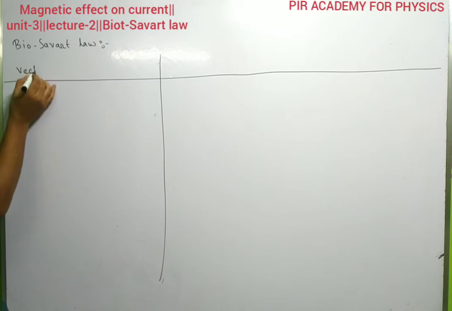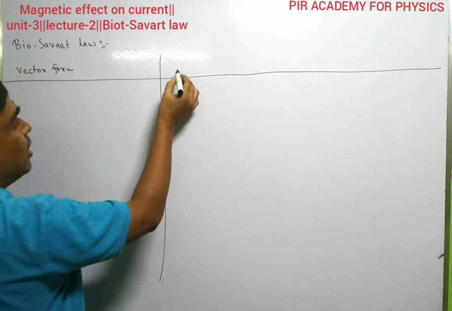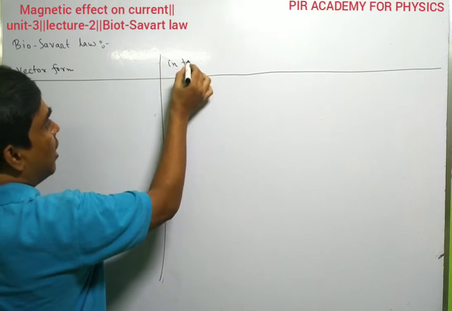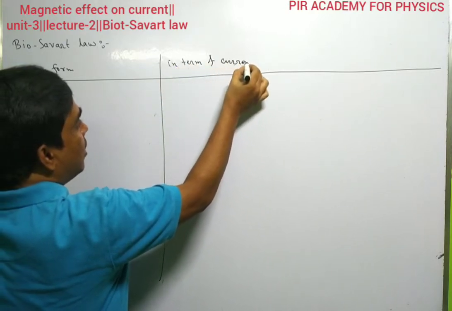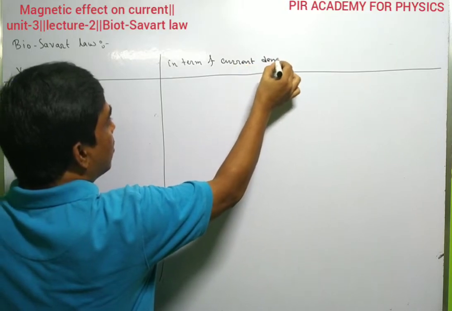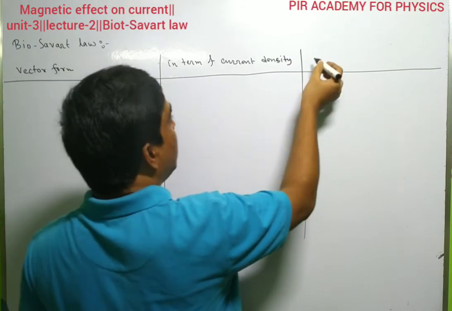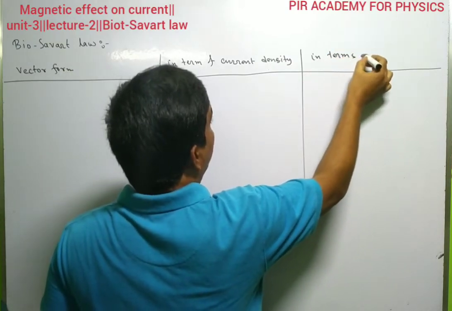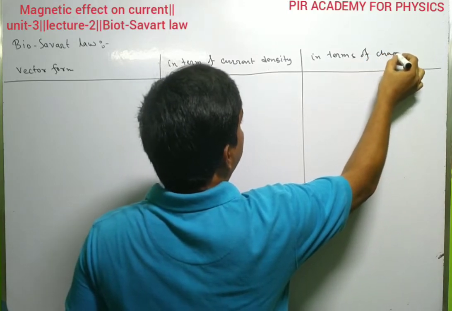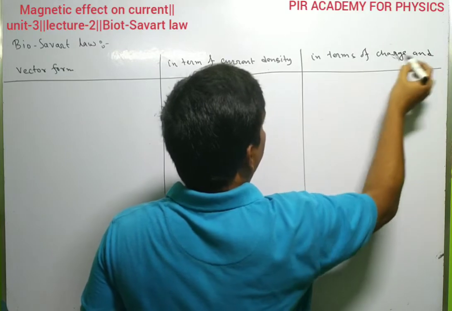Number 2 is in terms of current density. Number 3 is in terms of charge and velocity.